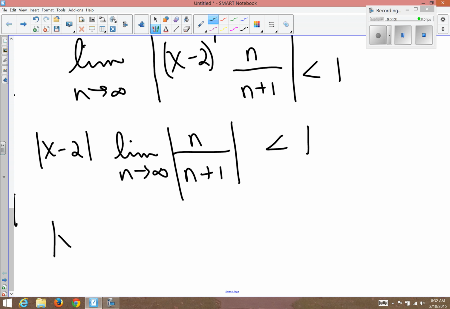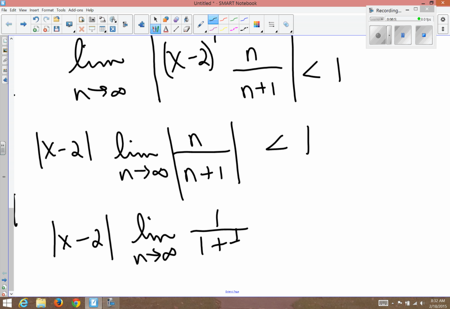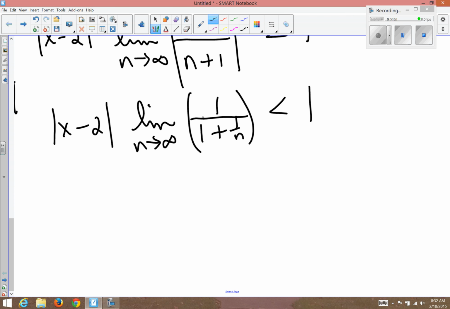So the absolute value of x minus 2 times the limit as n approaches infinity. Since n is approaching positive infinity, we don't really need these absolute values here. And n over n plus 1 is the same as 1 over 1 plus 1 over n, dividing each term by the highest power of n.